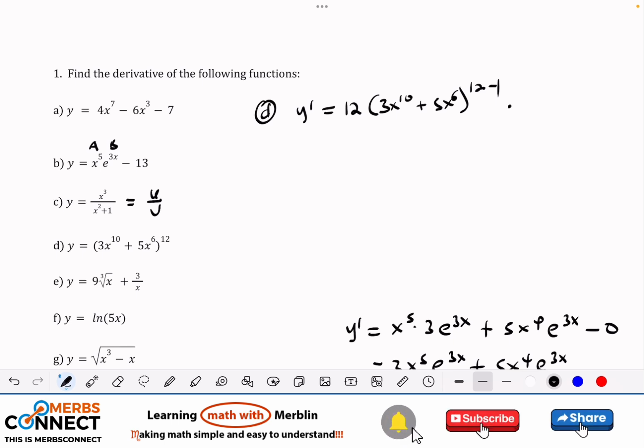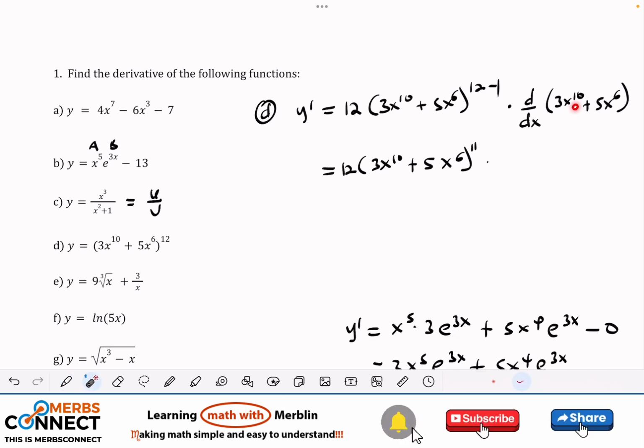Then now, because we are using the chain rule, I need to multiply this one by the derivative of what is inside the parenthesis. So we are going to have d over dx of 3x to the power 10 plus 5x to the power 6. Good. So this is going to give us 12 times 3x to the power 10 plus 5x to the power 6, to the power 12 minus 1, which is 11, times.